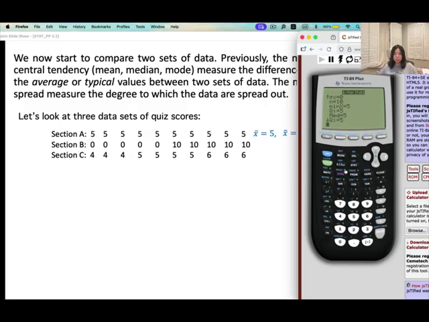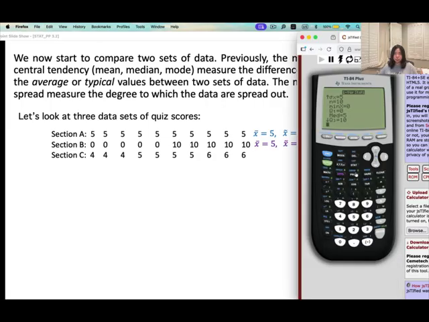And then let's look at session B. Click on stat again, go to calc, number 1, one-variable statistics. My session B is on L2, so second 2 for L2. Go to calculate. Okay, we still get the mean equal to 5, and the median is also equal to 5.